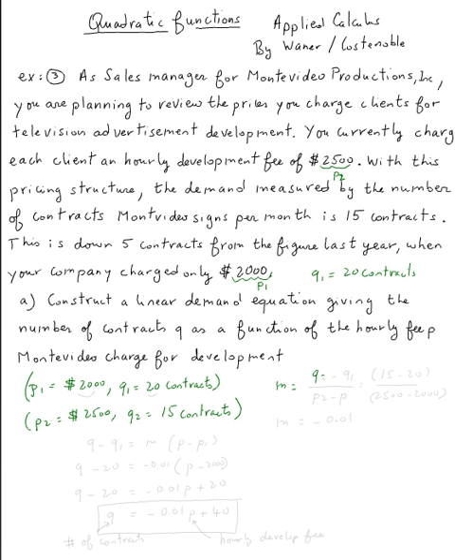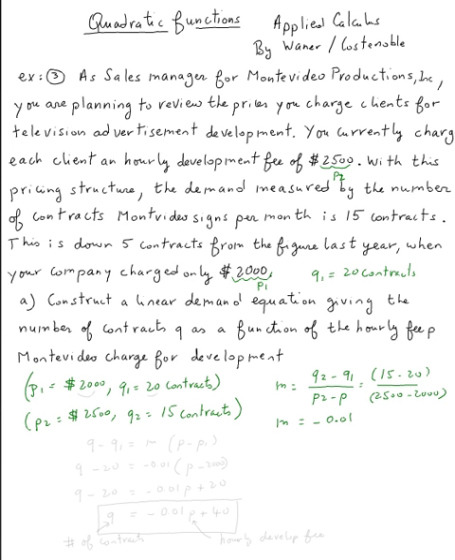The slope is Q2 minus Q1 over P2 minus P1, which is 15 minus 20 over 2,500 minus 2,000. Now if you divide these numbers, you're supposed to get negative 0.01.